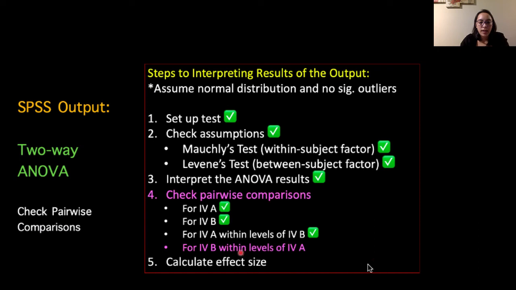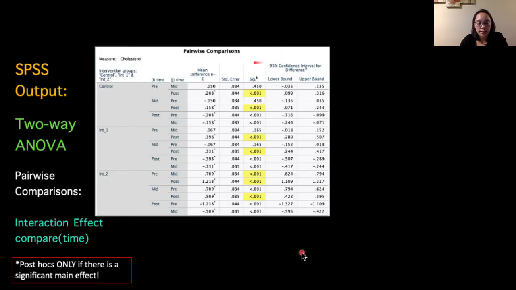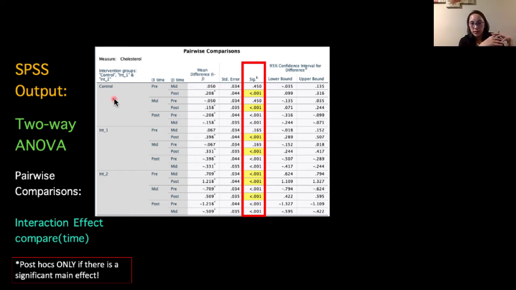We then can look at the flip side of those pairwise comparisons and look at the differences between time points within each of our exercise programs, our exercise intensities. So in this table, we have more significant pairs than we did in the last one. In our control group, this is just saying out of the 15 people that we collected, were there differences between each of the three measurements.